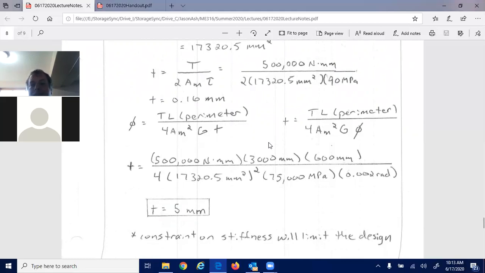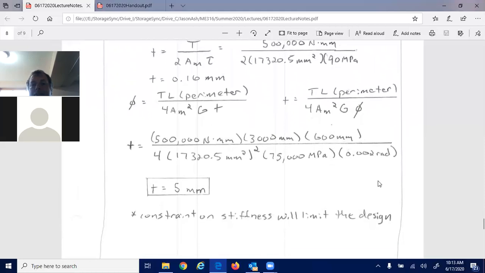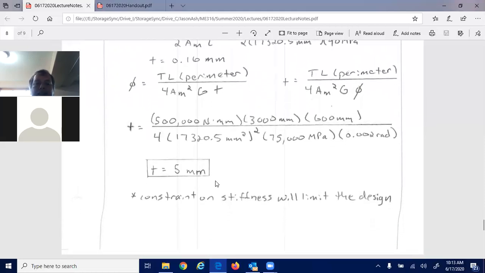Perimeter is just the sum of the three sides, 200 millimeters each. So 600 millimeters for the perimeter. A_m we calculated, don't forget to square that term. 75,000 megapascals for the shear modulus, and 0.002 radians for our maximum angle of twist allowed. And what we find is that thickness has to be equal to 5 millimeters.